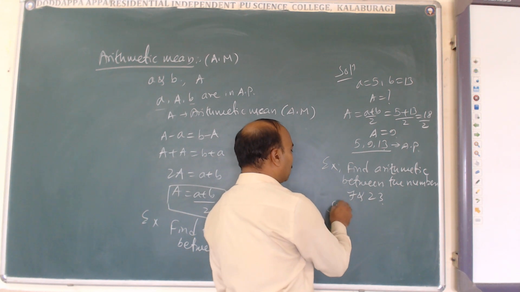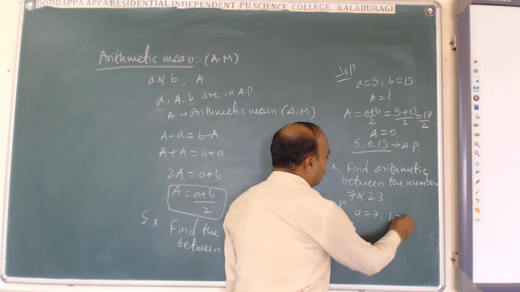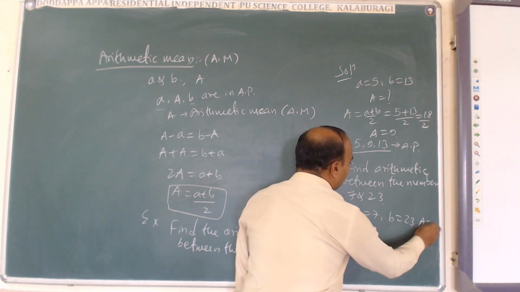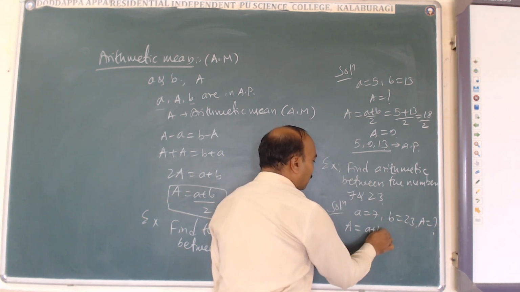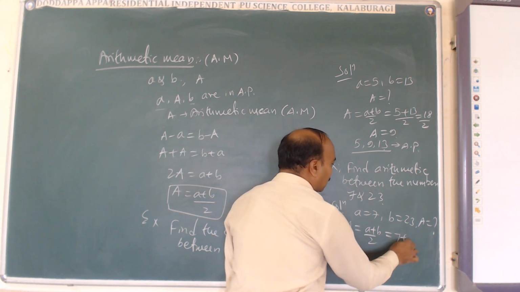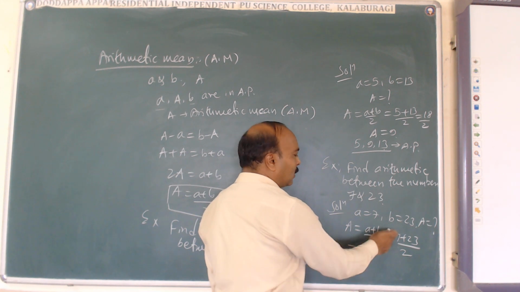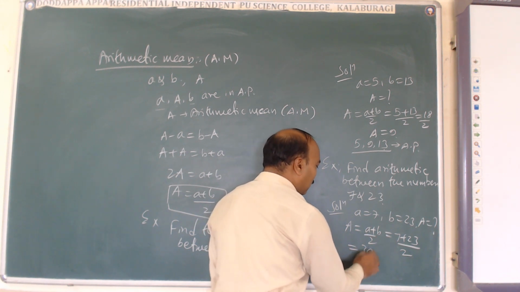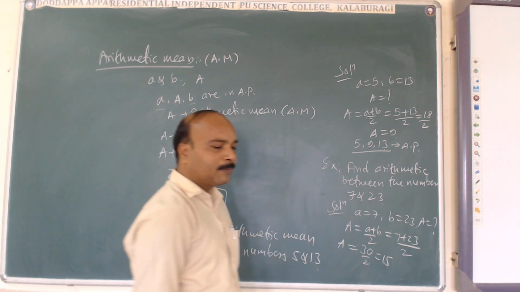Here same procedure. a is given 7, b is given 23. We calculate a equal to what? Arithmetic mean a is the formula (a plus b) by 2. It is (7 plus 23) by 2. It is equal to 30 by 2. It is 15. Therefore a is 15.